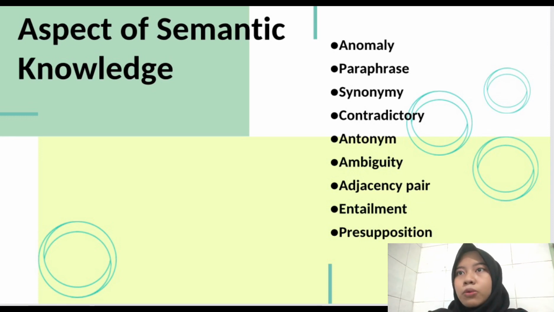Speakers recognize when the meaning of one sentence contradicts another sentence. Example, Charles is a bachelor. Fifth, antonymy. Speakers generally agree when two words have opposite meaning in a given context. Example, passive, active.